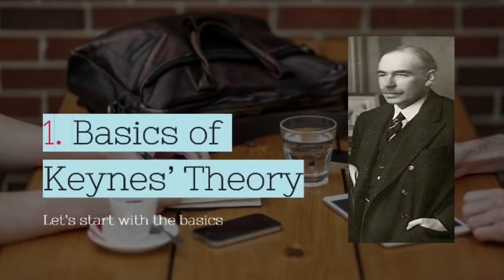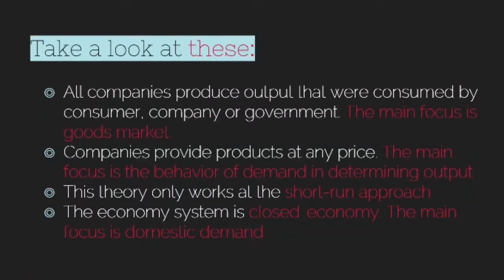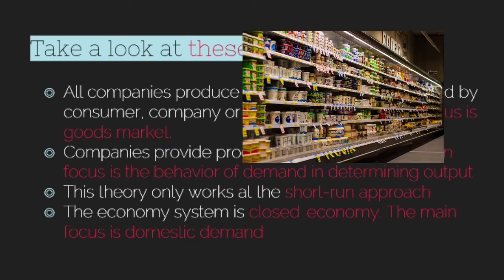Before we start with the curve, it is better if we understand first what are the basics of Keynes theory. Now, let's take a look at these. These are the assumptions of consumption theory by Keynes. All companies produce output consumed by consumer, company, or government. The main focus here is the goods market.